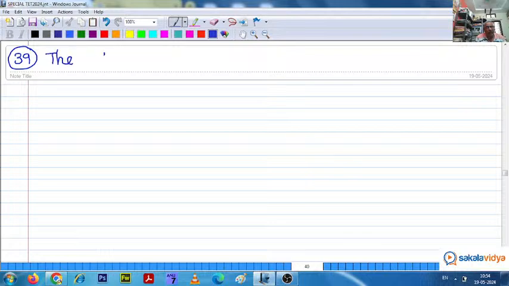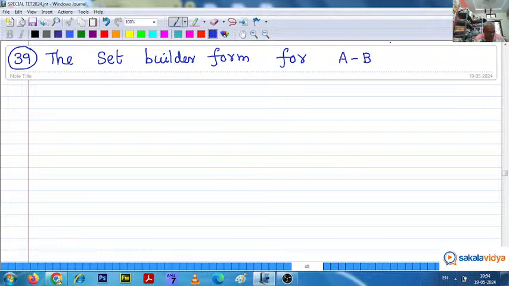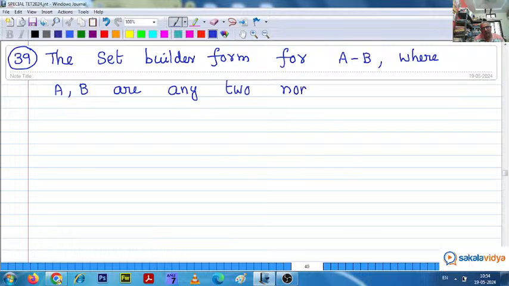The set builder form for A minus B, where A, B are any two non-empty sets, is.